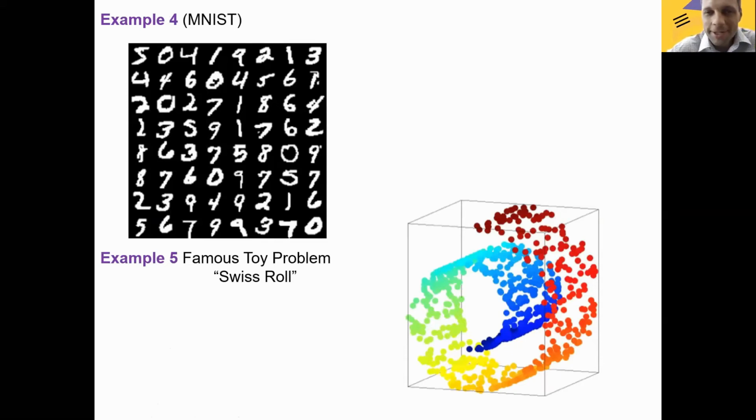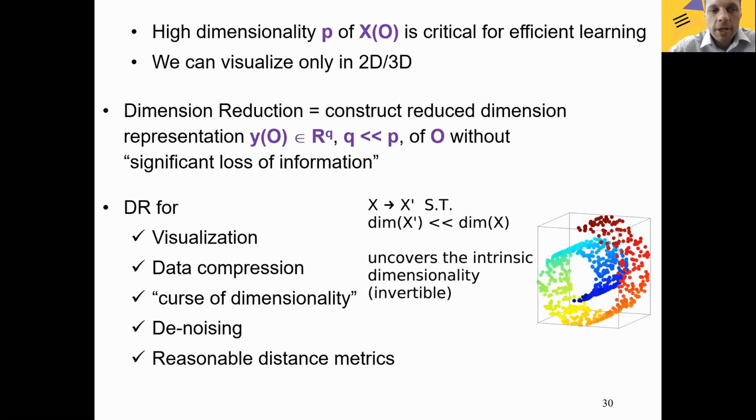Very convenient data set to show how different methods work. And dimension reduction, I would say, is a part of manifold learning.